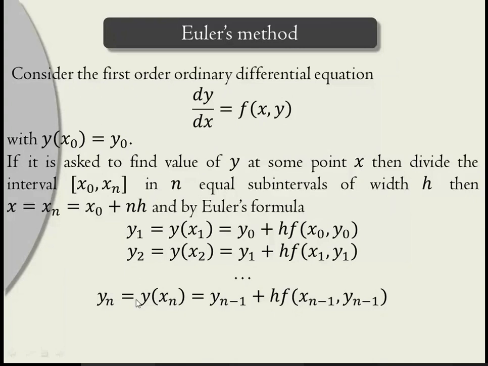We try to get a more accurate value by doing some modification to these formulas, and that modification to get more accuracy is obtained by using the next method, which is called the modified Euler's method.